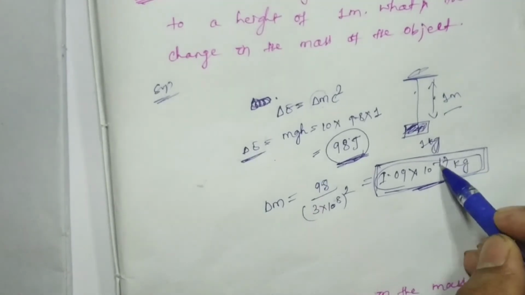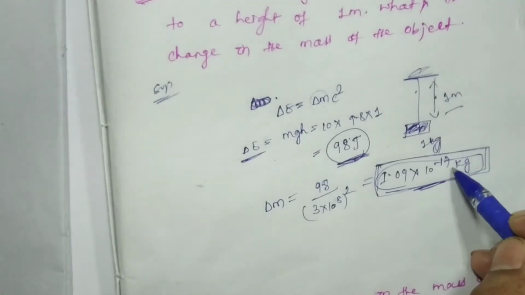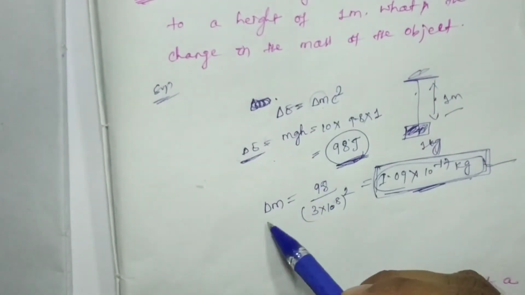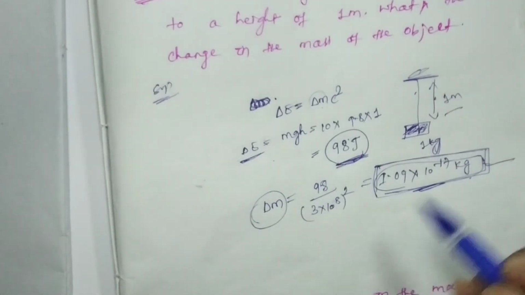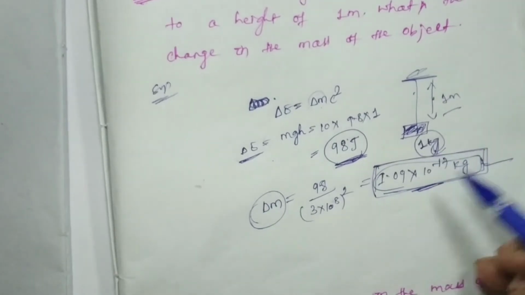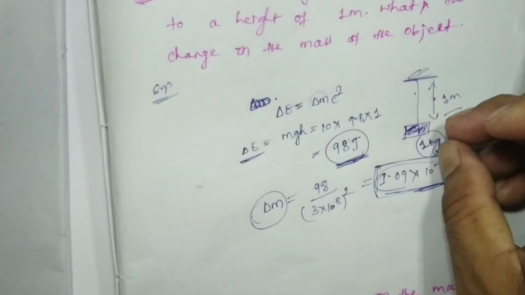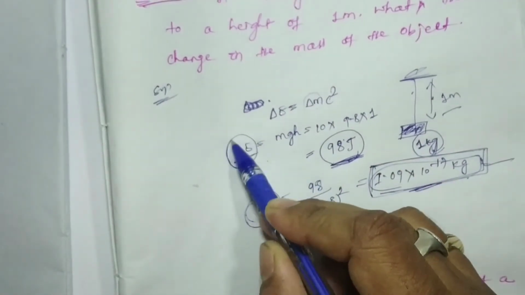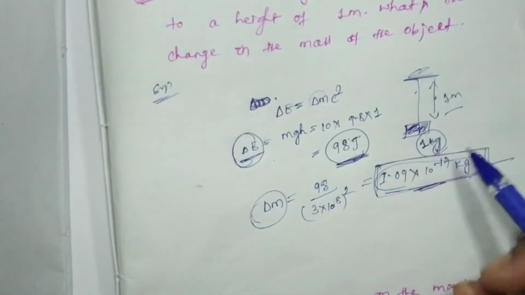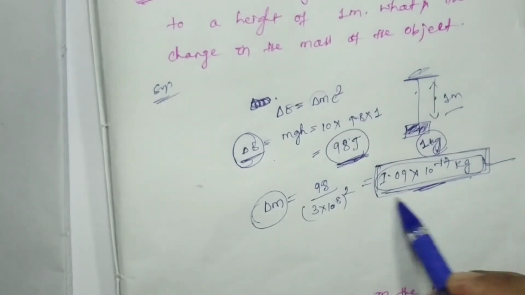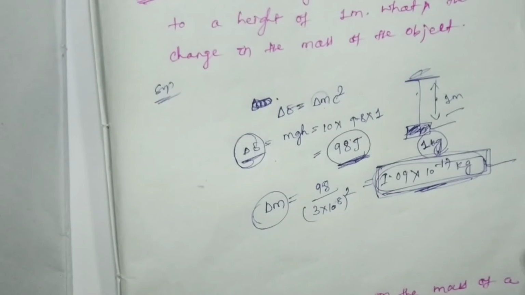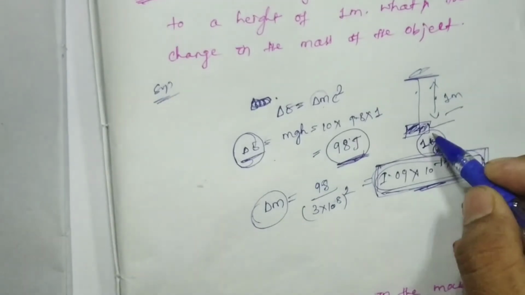So here you find a change of the order of 10 to the minus 17 kg. That means the initial mass will be 1 kg, and if I take it from here to here, I do this much work, so the change of mass will be this much. That means this much mass has been reduced from this 1 kg mass.